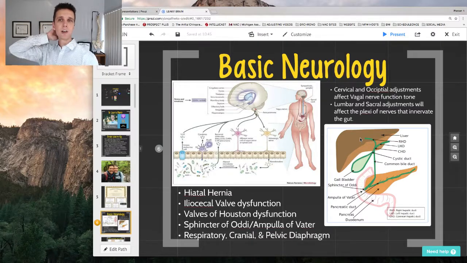It comes out of our brainstem, and it innervates so much of our body, especially our digestive system. Every organ that relates to digestion, arguably every organ that we have, is innervated by the vagus nerve. Even parts of the heart. There are branches of the vagus nerve that go to the heart to help with that parasympathetic response or slowing of the heart rate, okay?